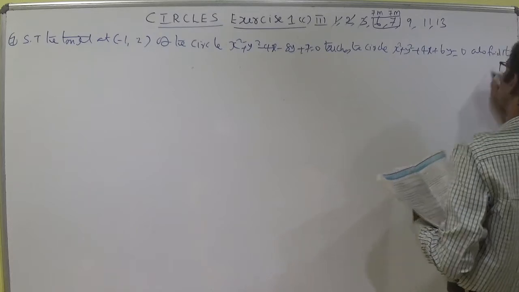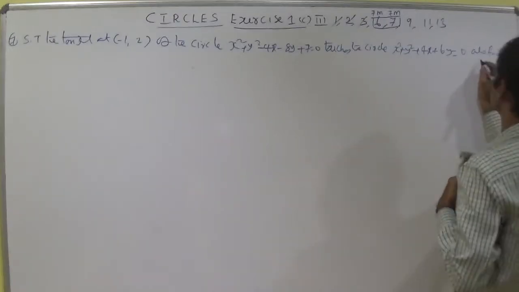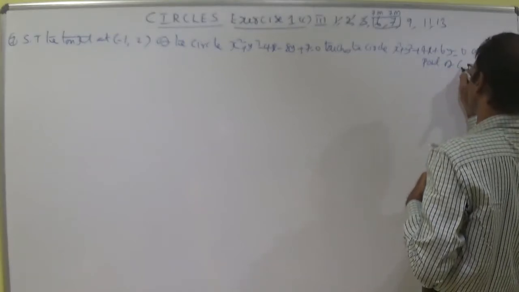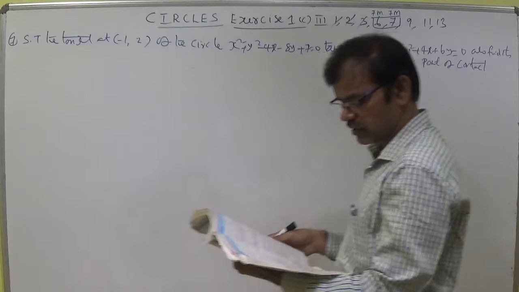Also find its point of contact. So for the second circle, directly he is asking to also find its point of contact.